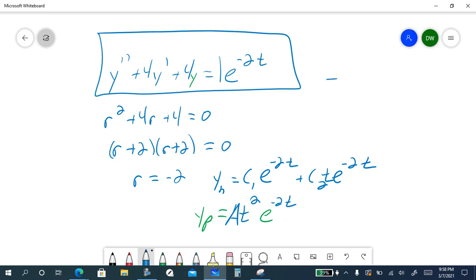So that's like having t to the 0 out front. So since our r was a double root, that told us how many t's we had to pick up out front. We were at t to the 0 out front to begin with, but since we had a double root, we had to pick up 2 t's, or t squared, in front of our particular solution.